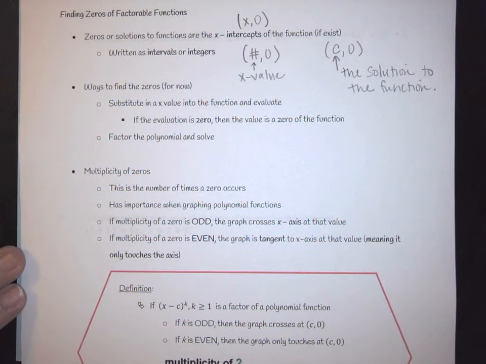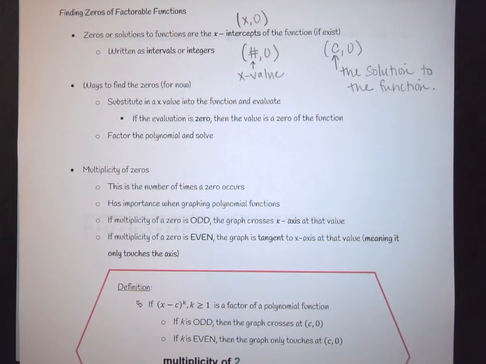Okay. Now the concept is the same. We are still boiling it down and essentially looking at your x-intercepts, but now we're going to start using more general ideas and general principles behind it. Now, in the beginning, the easiest way to try and find zeros would be to substitute that x value into the function and evaluate.